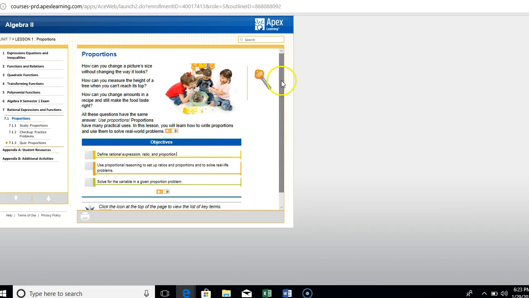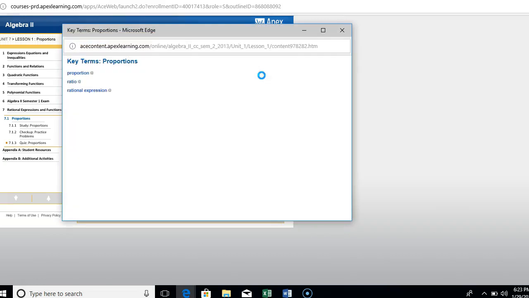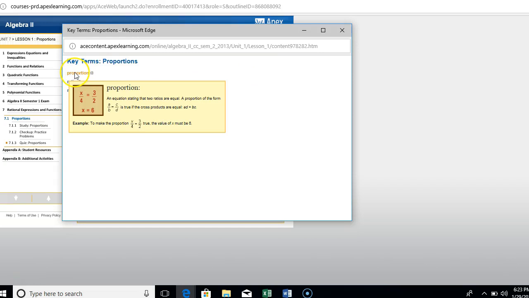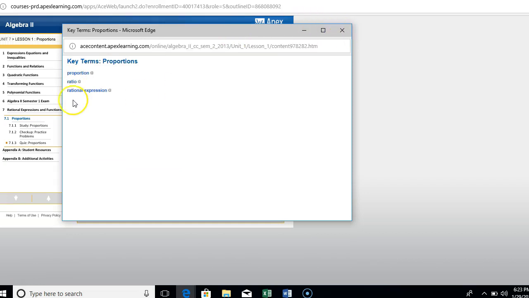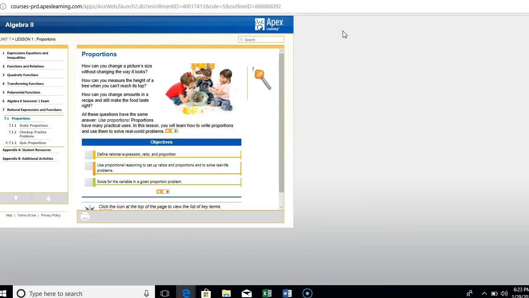So the first page of your study, proportions, click here for key terms, up pops vocab. If at any time during the lesson these words are being used and you're not sure what they are, you can go back and you can look up those words. You can even use these to write down notes for yourself.